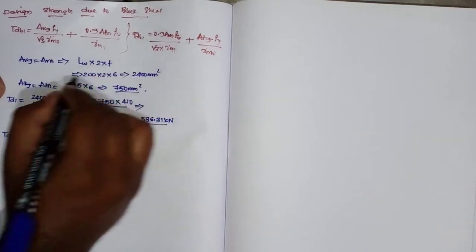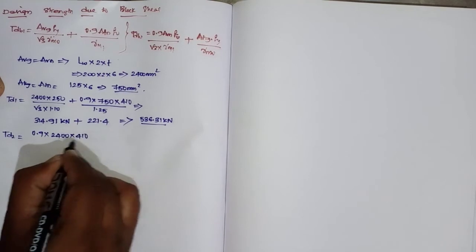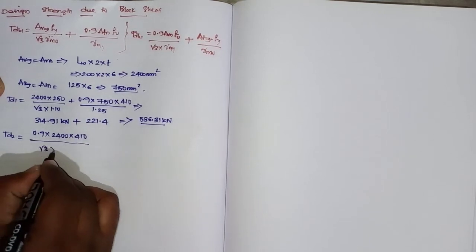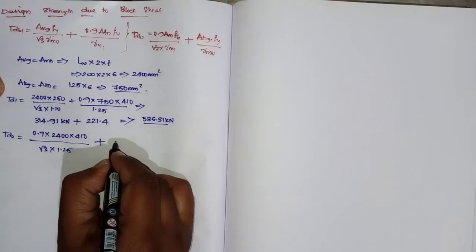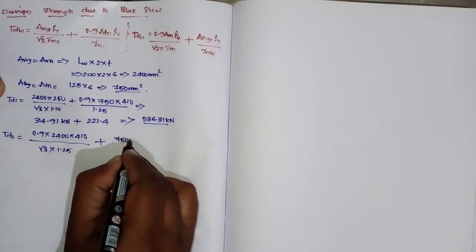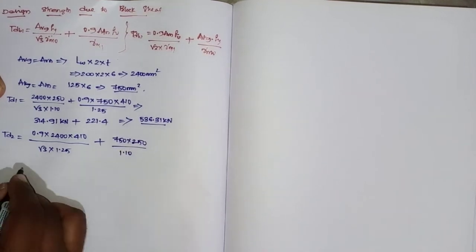Oh, sorry, AVG 2400 into 410 divided by root 3 into 1.25 plus, what is ATG? 750 into 250 divided by 1.10.